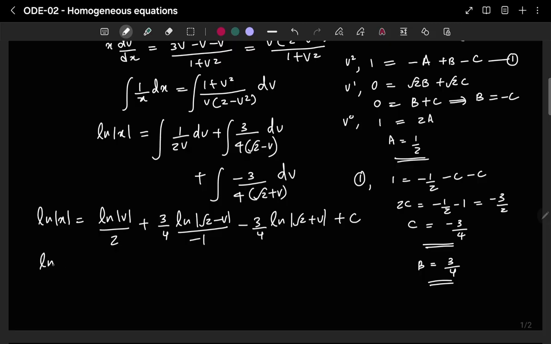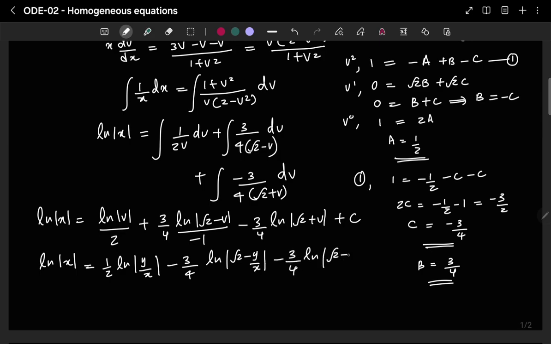Then further simplifying and back substituting for v, we get half ln y by x minus 3 over 4 ln root 2 minus y by x minus 3 over 4 ln root 2 plus y by x plus c.